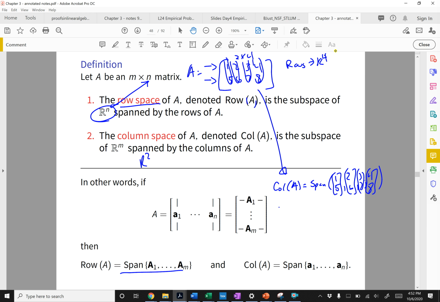Okay, and the row space of A would be the span of (1, 2, 3, 4) and (5, 6, 7, 8). Okay.